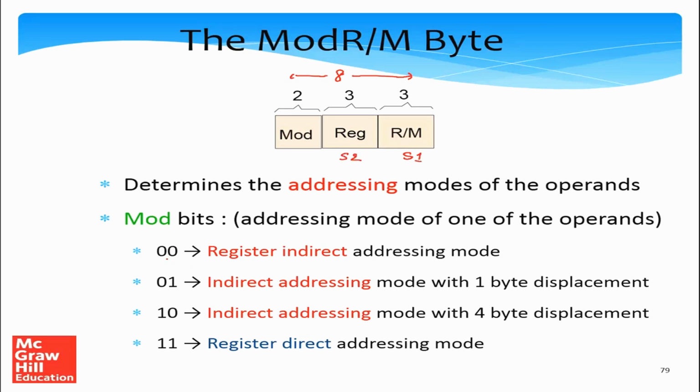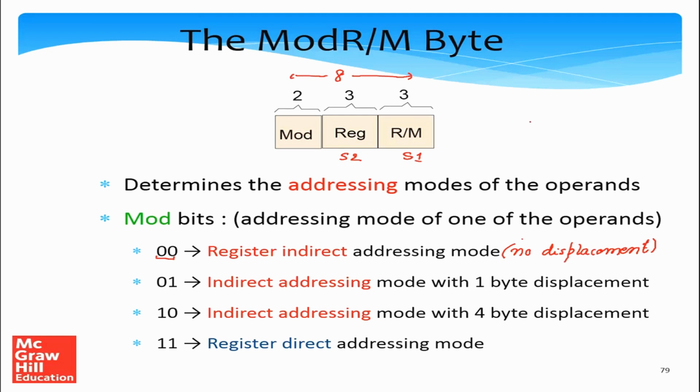If the mode bits are 0, 0, it means that register indirect addressing mode is being used without a displacement. Displacement is the same as the offset, so there is no displacement, and 0, 0 indicates that register indirect addressing mode is being used.